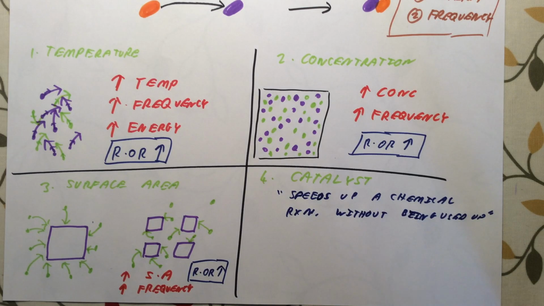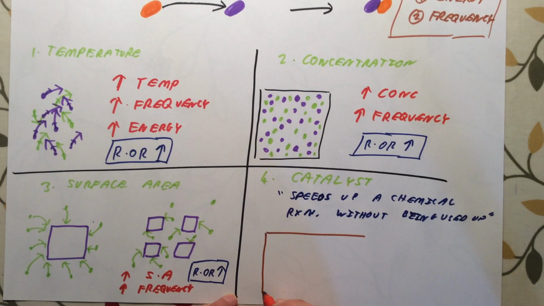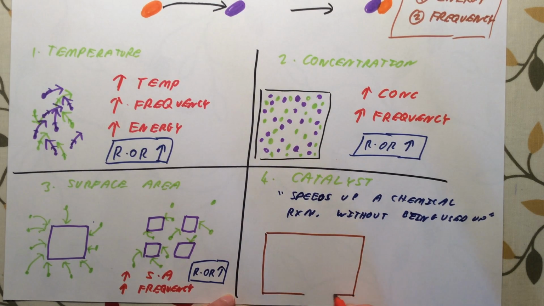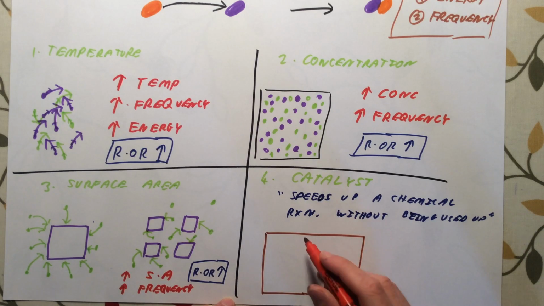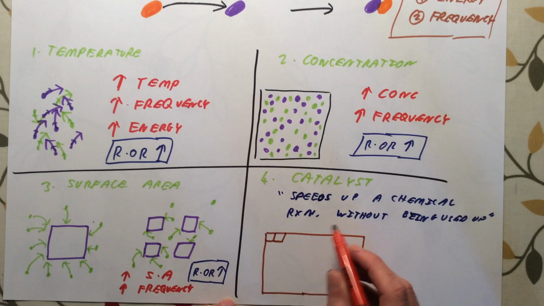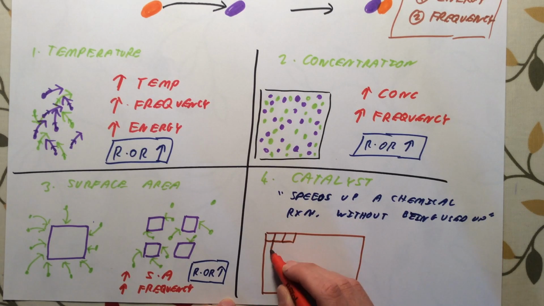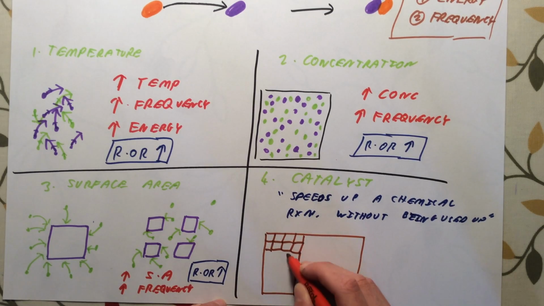Okay, so if I were to really zoom in on a catalytic converter in a car, you would actually see something like this. You would see a big block of, it's actually a ceramic substance, but with a coating of platinum or palladium or rhodium. And you would see that the surface is honeycomb like this.